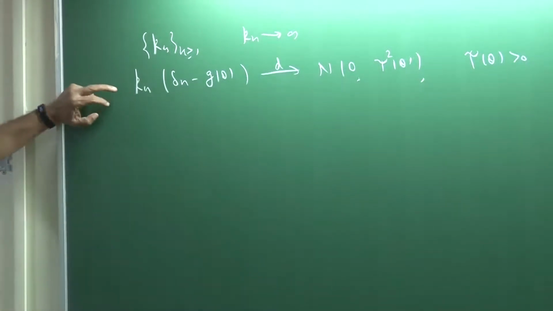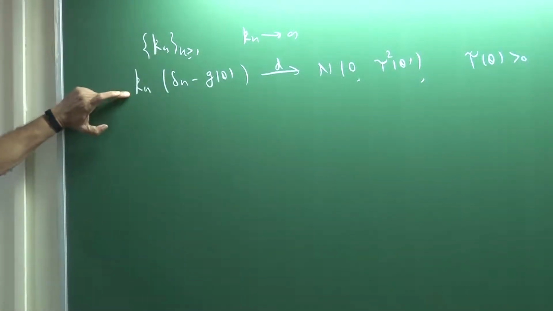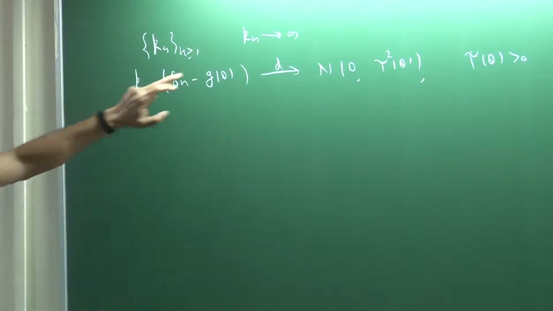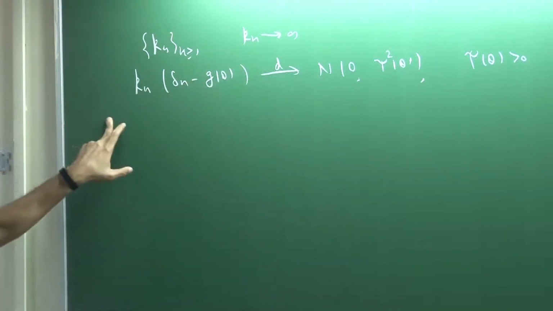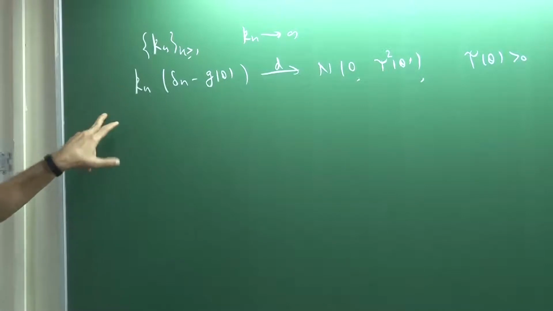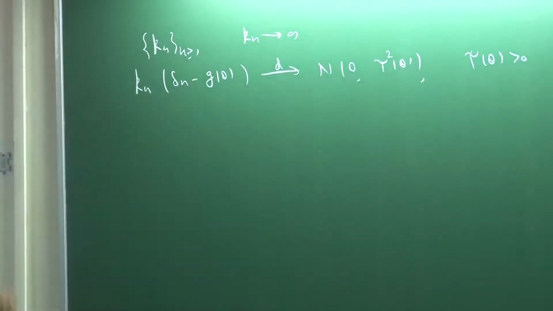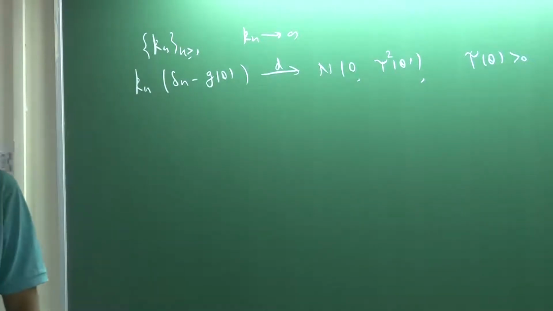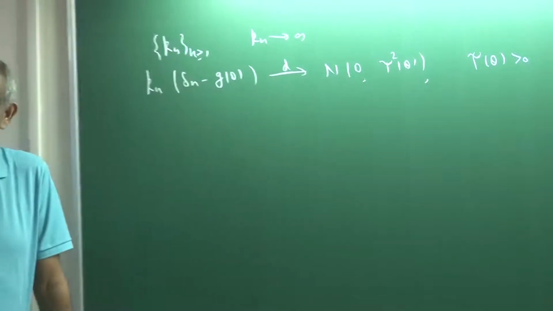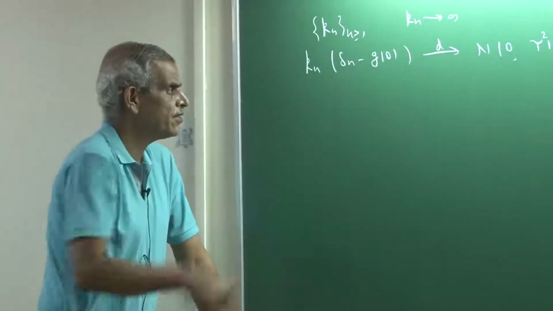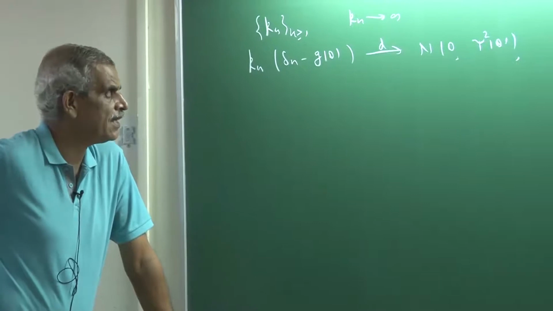Certainly this condition implies that delta n is consistent for g theta, because Kn is going to infinity, so 1 upon Kn goes to 0. So this multiplied by 1 by Kn goes in probability to 0, which is equivalent to saying that delta n minus g theta goes in probability to 0, which is equivalent to saying that delta n is consistent for g theta.